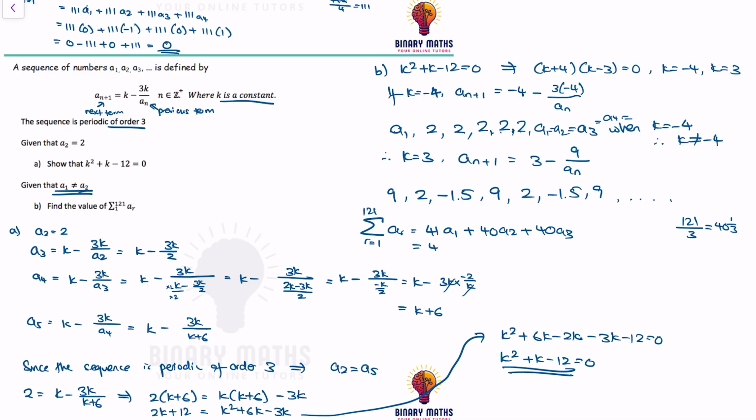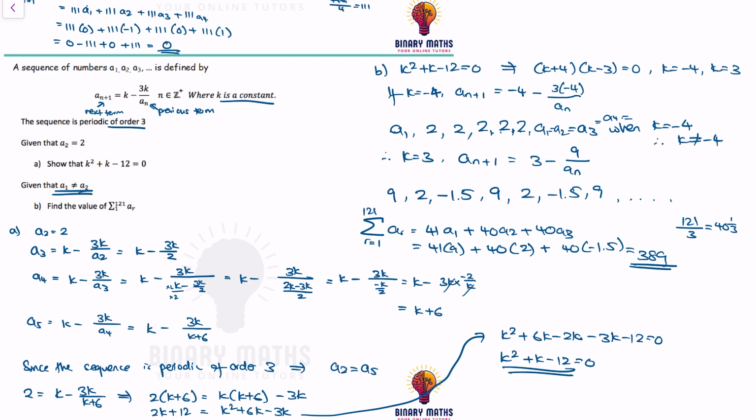So it'll be 41 times 9 plus 40 times 2 plus 40 times negative 1.5. If I put that into my calculator, I end up getting 389 as my answer.